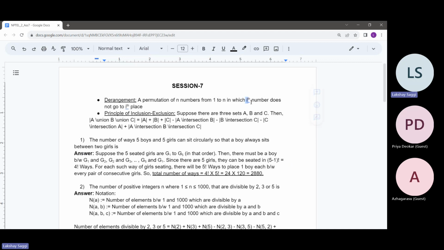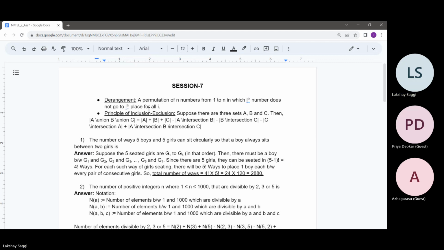Basically, not for a single i. A permutation in which one does not go to second place, but two and three go to second and third place respectively, will not be a derangement. For a derangement, one should not go to first place, as well as two should not go to second place, as well as three should not go to third place, and so on, for all i.